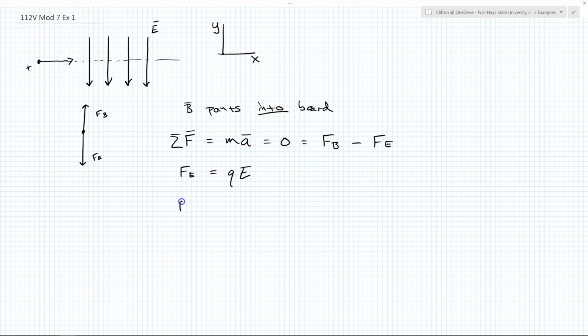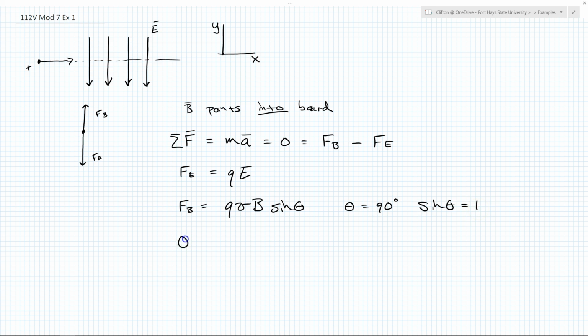The magnetic force magnitude is given as QVB sine theta, and this angle theta is the angle between the velocity vector and the magnetic field vector. Now we're told to assume that the velocity vector and the magnetic field vector are perpendicular to each other. So theta is equal to 90 degrees, and sine of theta will be equal to 1.